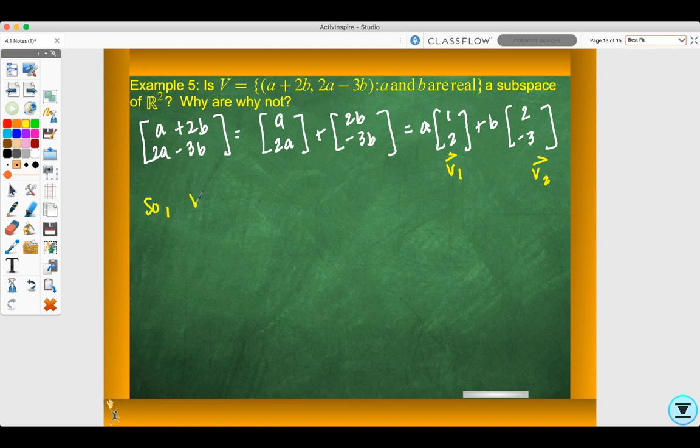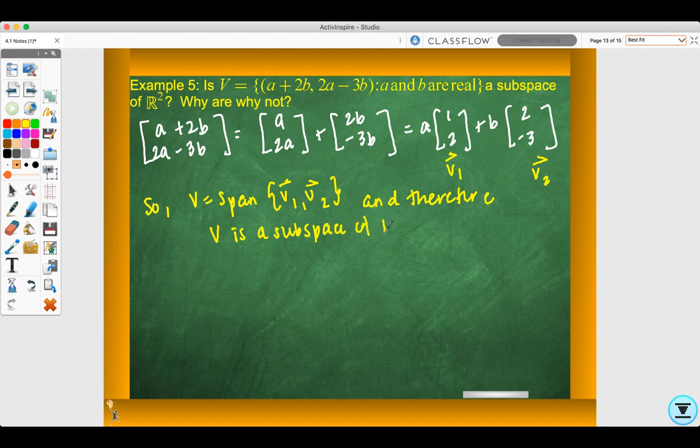So V equals my span {v1, v2}. And therefore, V is a subspace of R2. And this comes from Theorem 1.